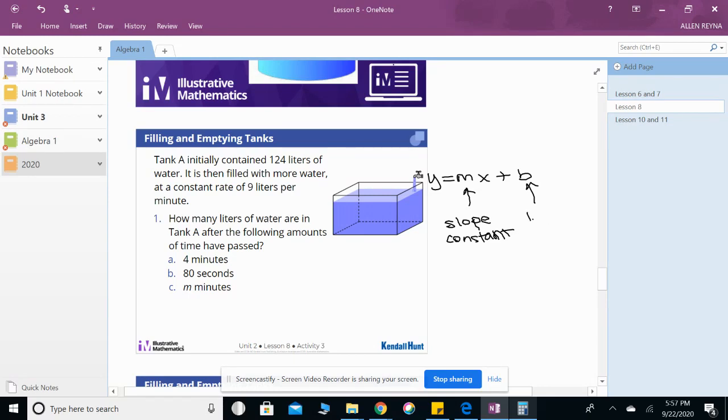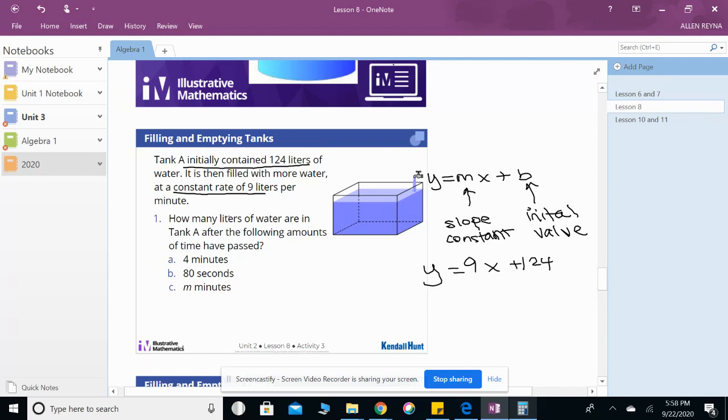And then b is your initial value, so however much you start out with. Here they said they initially started with 124, so that's going to be our b. 124. x just stays x. And then our constant rate of 9, that is our slope. And that will give us how much water is in our tank.